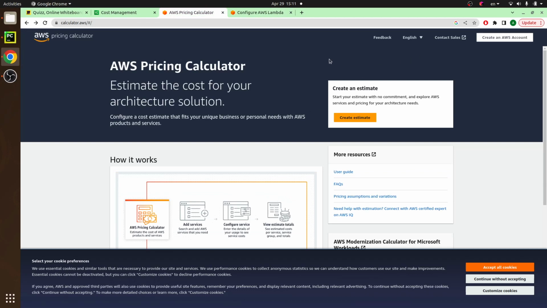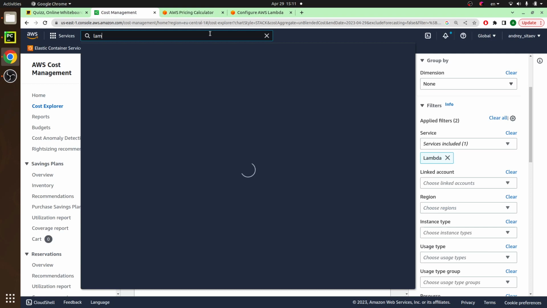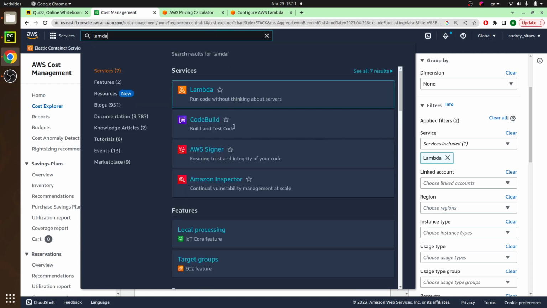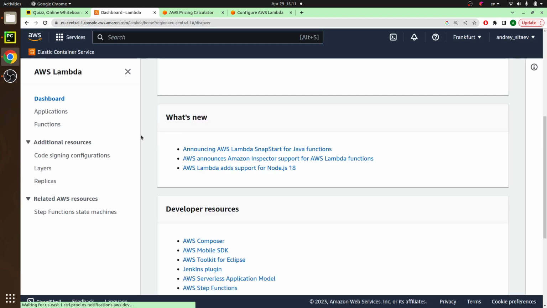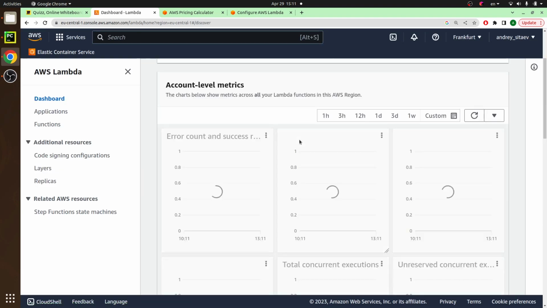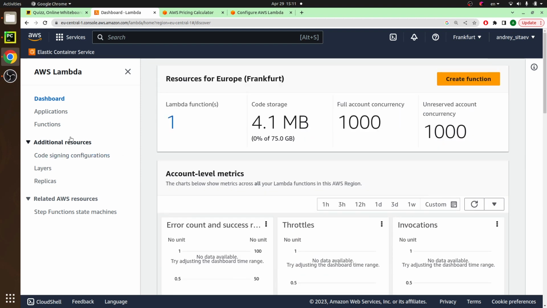Here what I have, I should have Lambda and I should have statistics on my Lambda calls. If I don't have any, I might run my quiz one more time. But there are some metrics, and these metrics are for all Lambda functions that I might have, but I have just one.